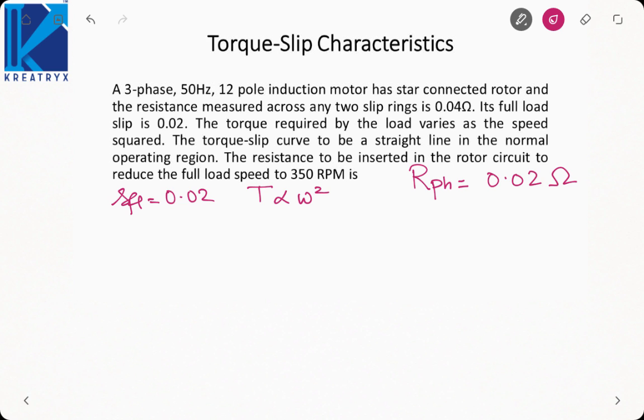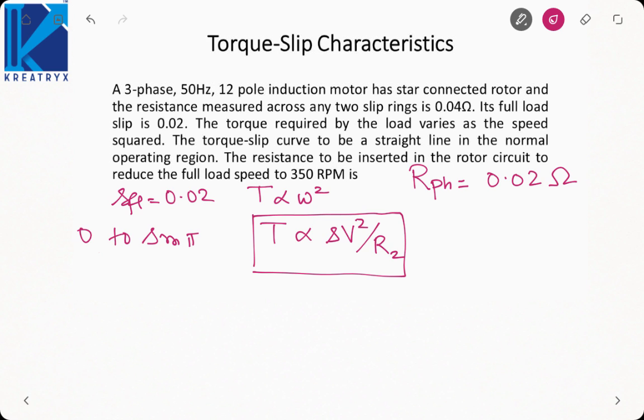So what happens from SFL to SMT, or usually from even 0 to SMT, the curve is a straight line, or we say torque is proportional to SV square by R2. This you need to remember. In the normal operating region, torque is proportional to slip and voltage square, and inversely proportional to rotor resistance.